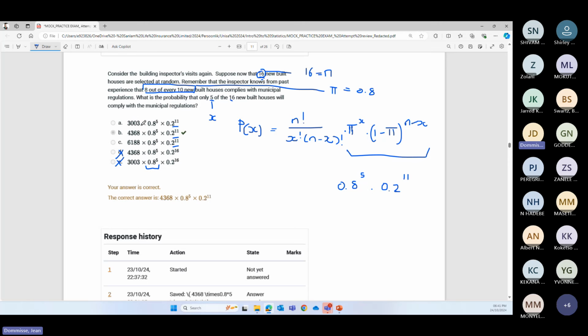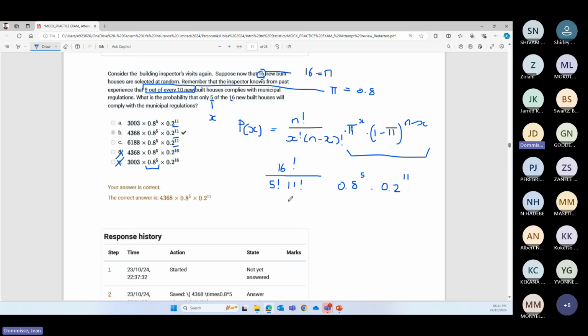So now we need to check that first component. So n factorial. That is on your calculators, the factorial. So 16 factorial, then it is divided by 5 factorial, then n minus x, so that is the same as that one, so it is 11 factorial.